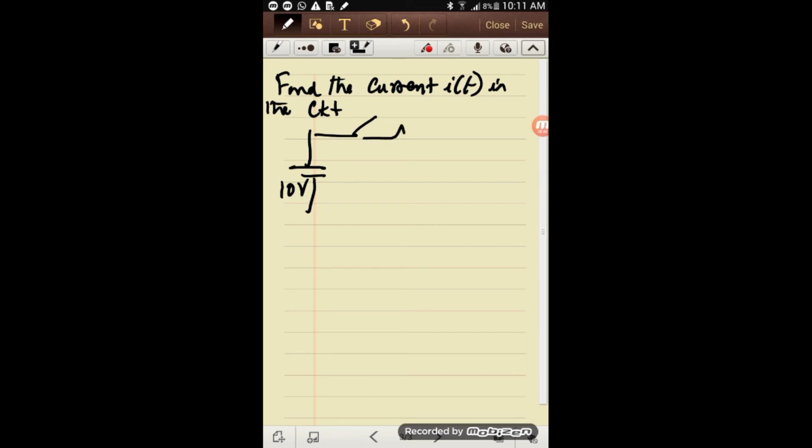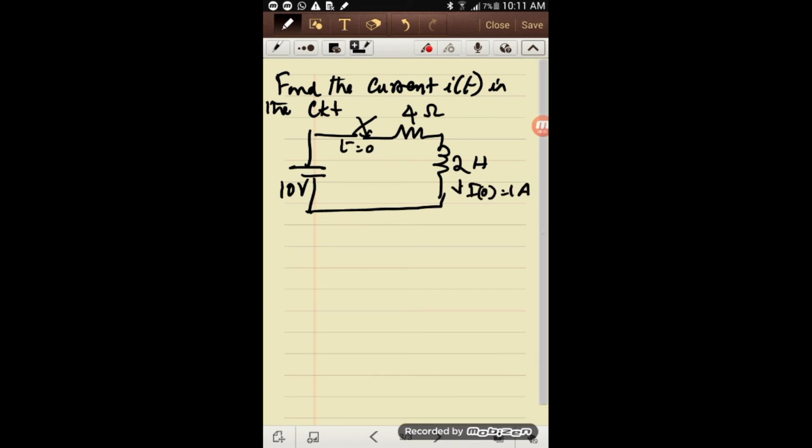Through a switch you are applying R, L. R is 4 ohm, L is 2 Henry. The switch is closed at t equal to 0. I of 0 is given. I of 0 is equal to 1 ampere. So you have to find I of t, that means for t greater than 0, find the current.